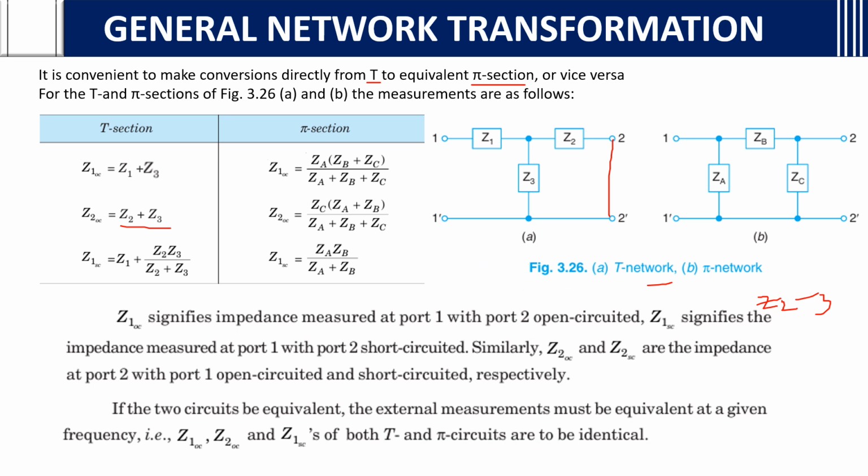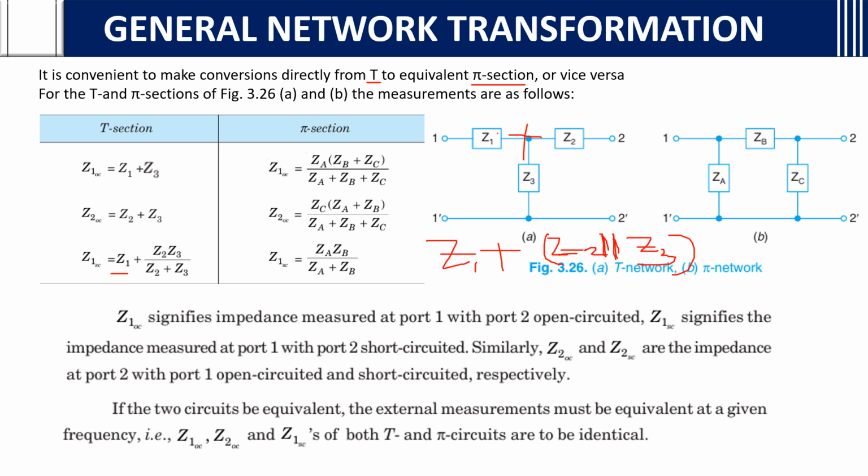So these two impedances are in series with Z1. So we are adding Z1. So Z1 is in series plus Z2 Z3 are in parallel. Parallel we can represent like this, with two lines.